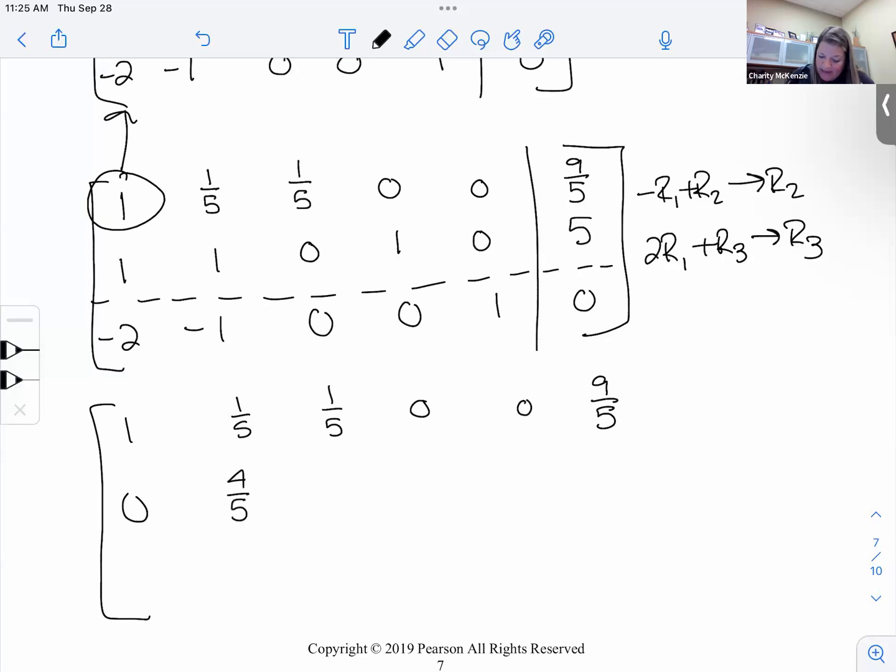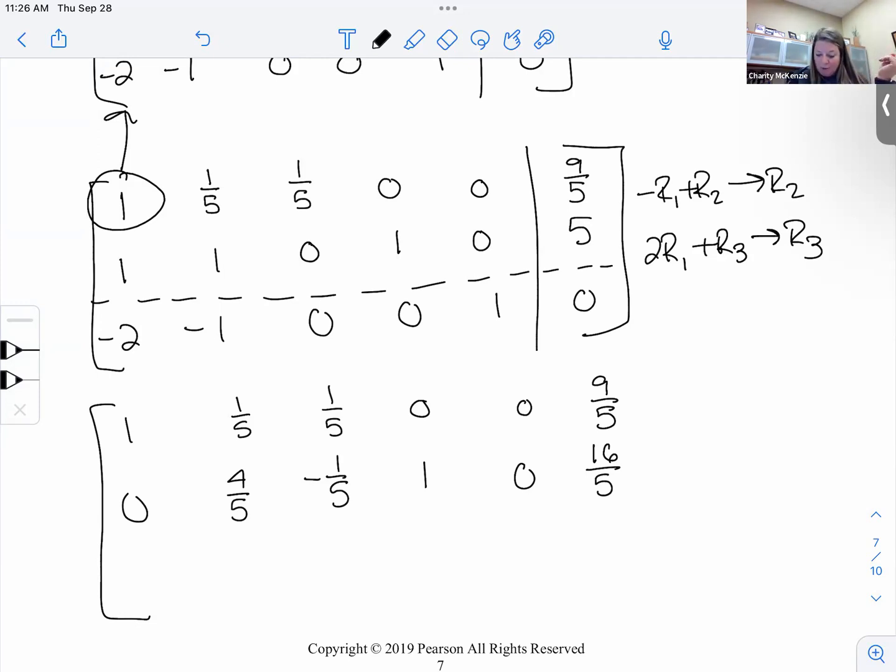So that's 4/5. And then -1/5 plus 0 is -1/5. 0 plus 1 is 1, 0 plus 0 is 0, and then 9/5 times -1, and then 9/5 plus 5, I get 16/5. I just left it improper. It's 3.2. You can write that, it's fine.